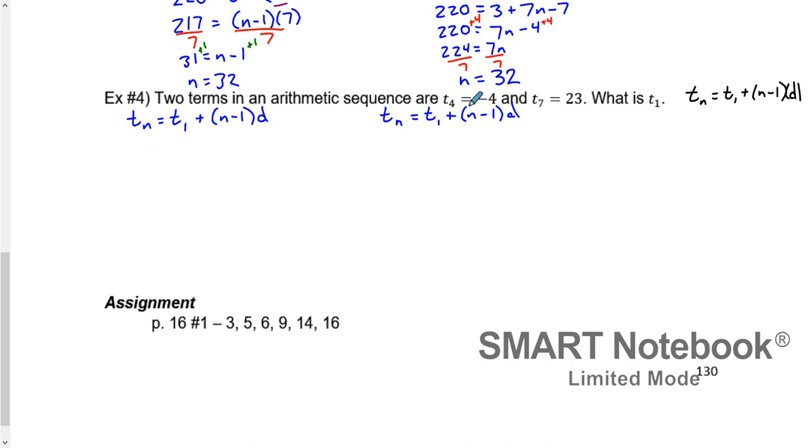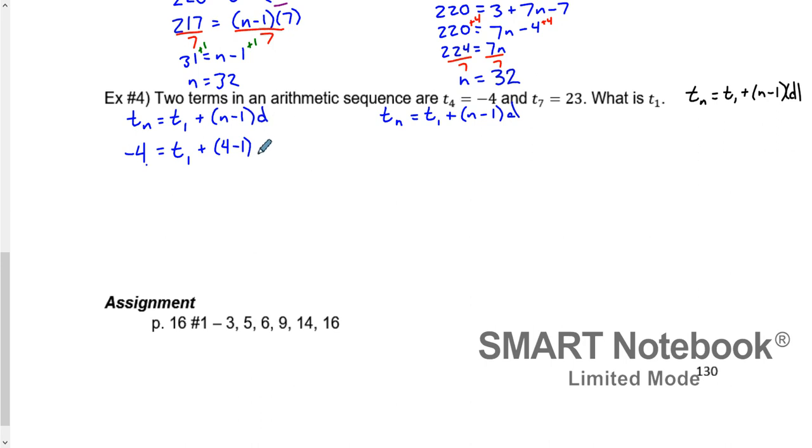For example, we know that term 4 is -4. We don't know what T1 is, but we do know what the n is. The n value is that 4.